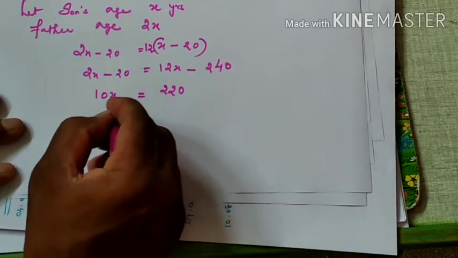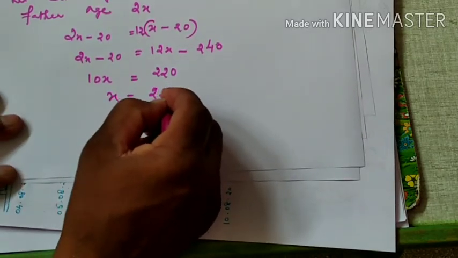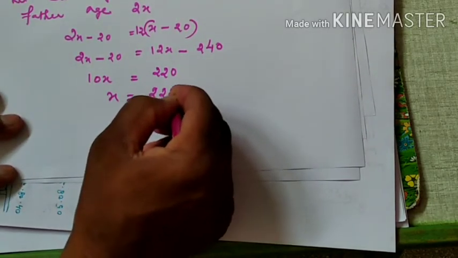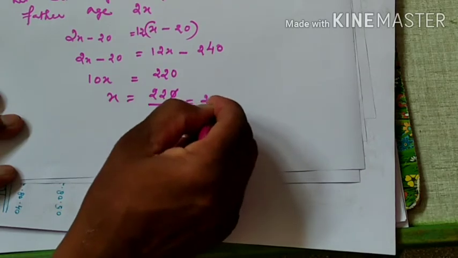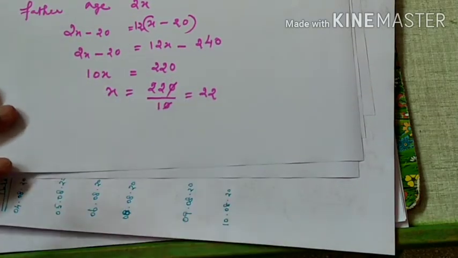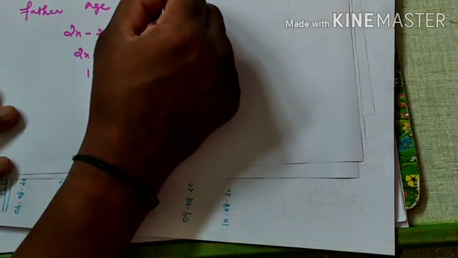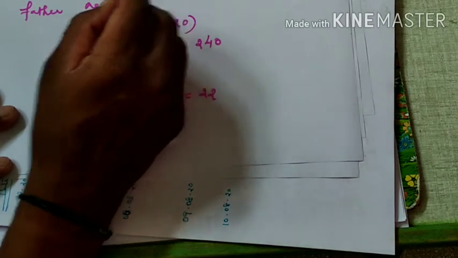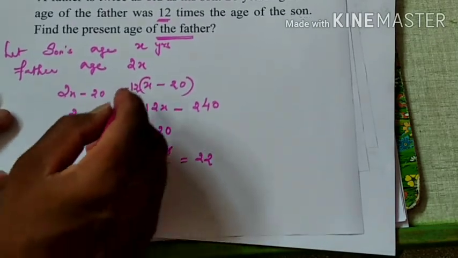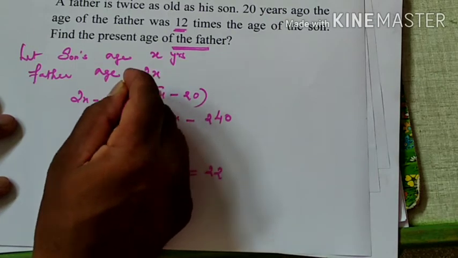Therefore x equals 220 divided by 10, which is 22. x equals 22. We have to find the present age of the father. Actually, we assumed the age of the father initially as 2x.